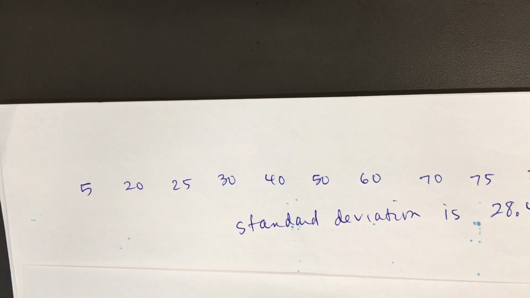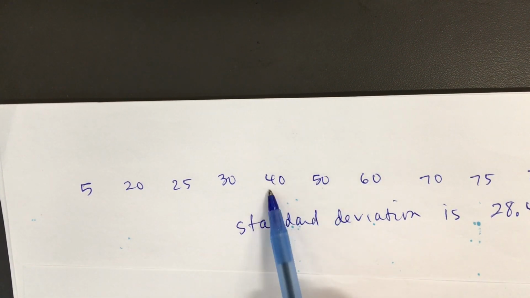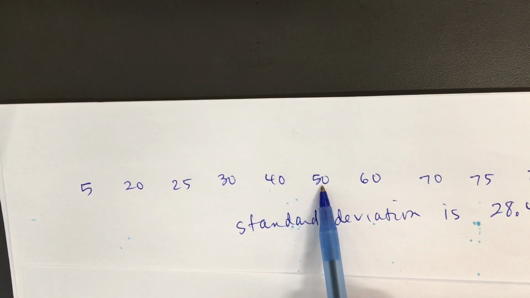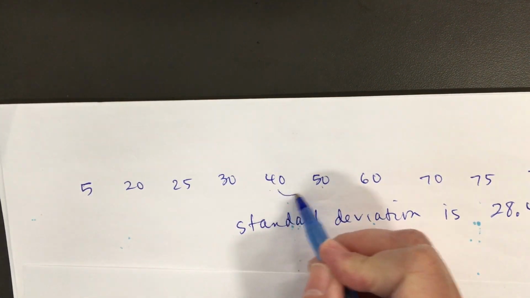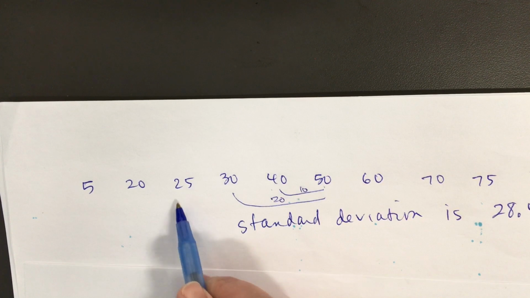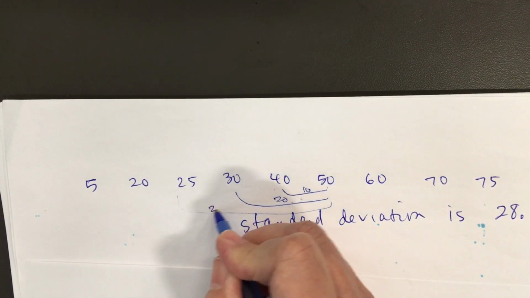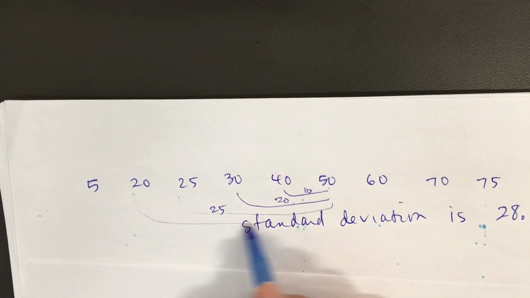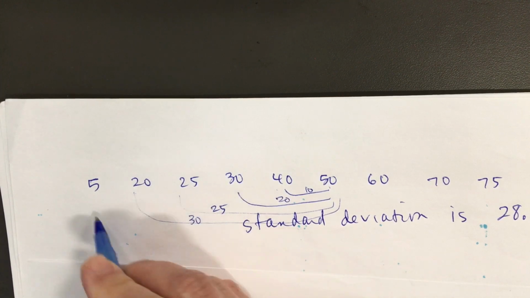If I look at how far is 40 from 50? 10. How about 30 from 50? That's 20. This is 25. This is 30.